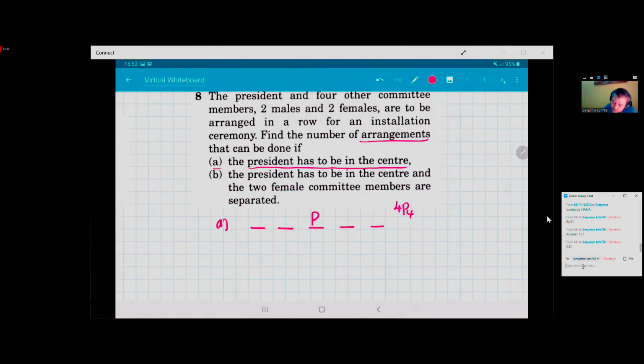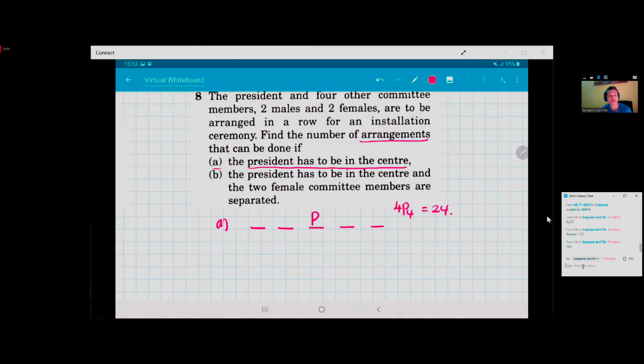Some of you may even want to write 4P4 times 1P1. If I ask you what's 1P1, you say 1 president and only 1 place for the president. You are right, but that's pretty much redundant because 1P1 is 1. So if I want, I can ignore 1P1. It doesn't matter. Okay, so 4P4 and your answer here equal to 24.